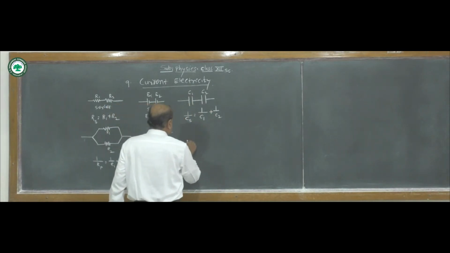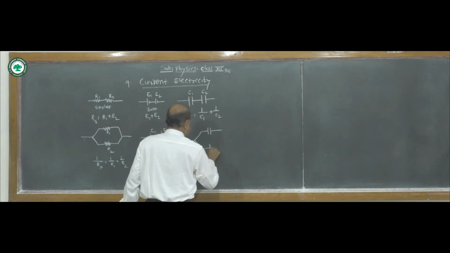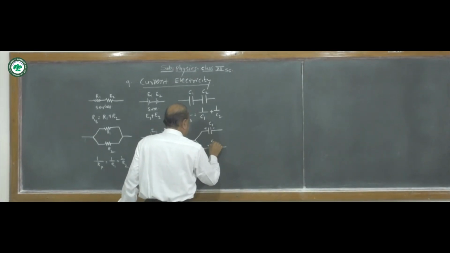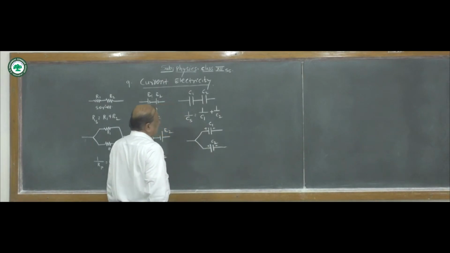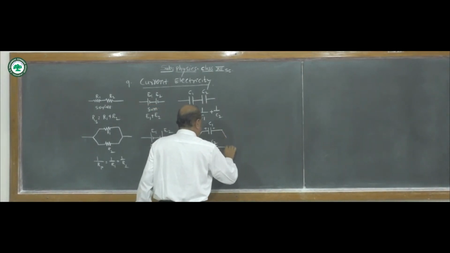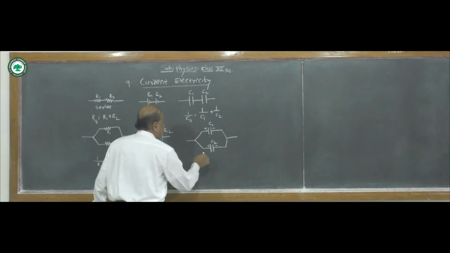Again, when these capacitors are connected in parallel combination like this, the capacity of the first is C1, the capacity of the second condenser is C2, and they are connected in parallel.